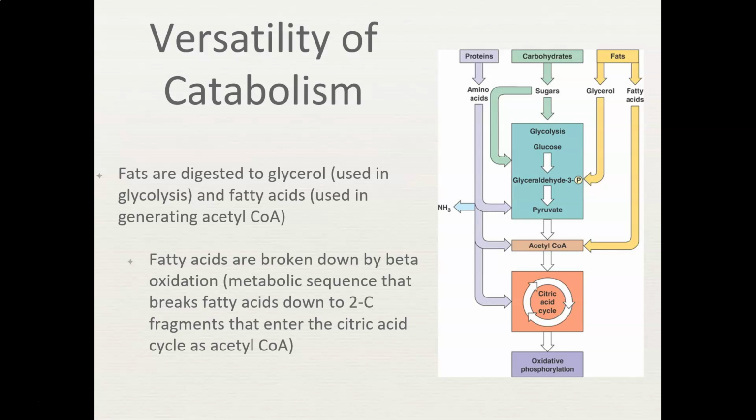And each of those components then gets fed into that citric acid cycle and oxidative phosphorylation to make all of those ATPs. And so that's why those guys can be particularly energy dense as a result.